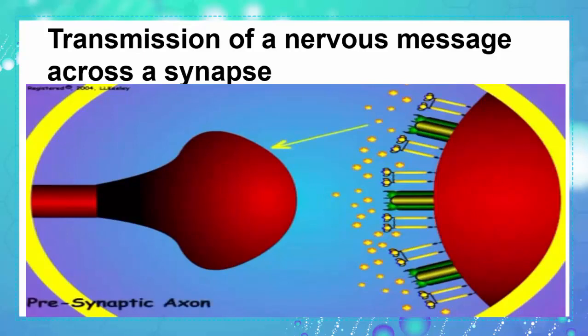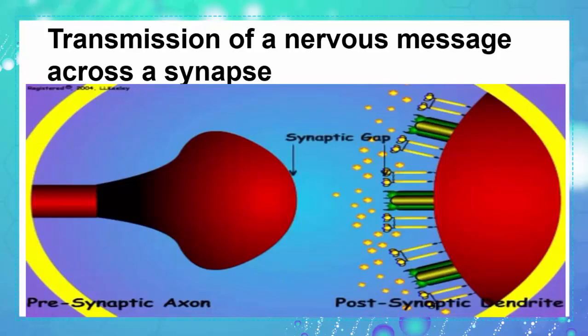If we zoom in, we see the presynaptic axon referring to the first nerve cell, and the postsynaptic dendrite referring to the second cell, separated by a synaptic gap or cleft. Now, if I look at the postsynaptic cell, I see many sodium channels coupled to the receptors of the neurotransmitters.